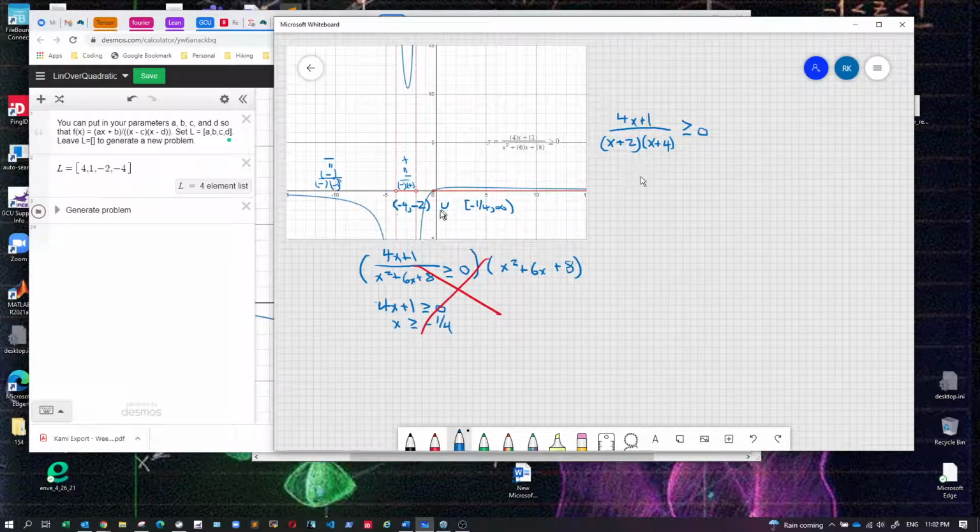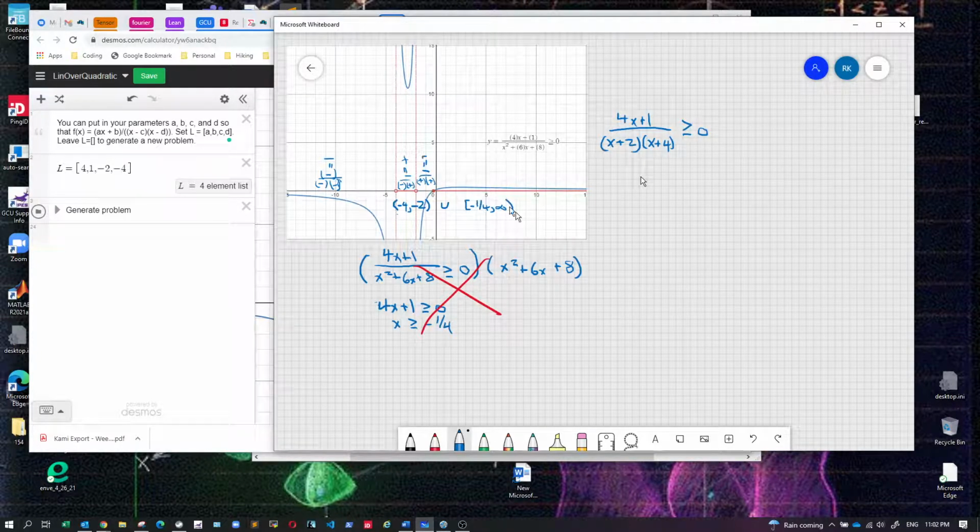We'll take that interval. If I take something in here, something like -1, and if I put in -1, that'll be positive, that'll be positive, this will be negative, so the whole thing will be negative. So again, the reasoning is negative over positive, positive, so this will be negative, okay?